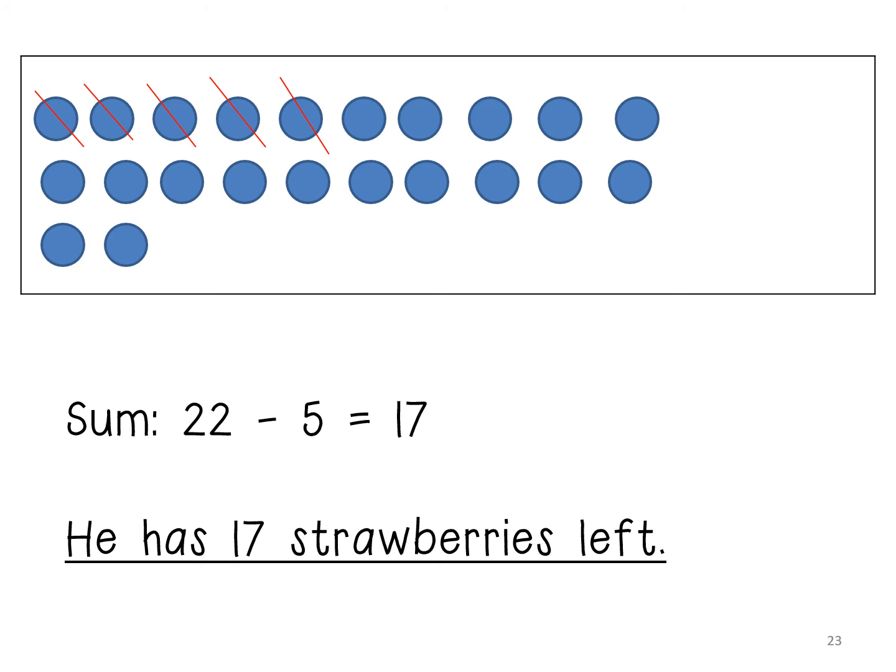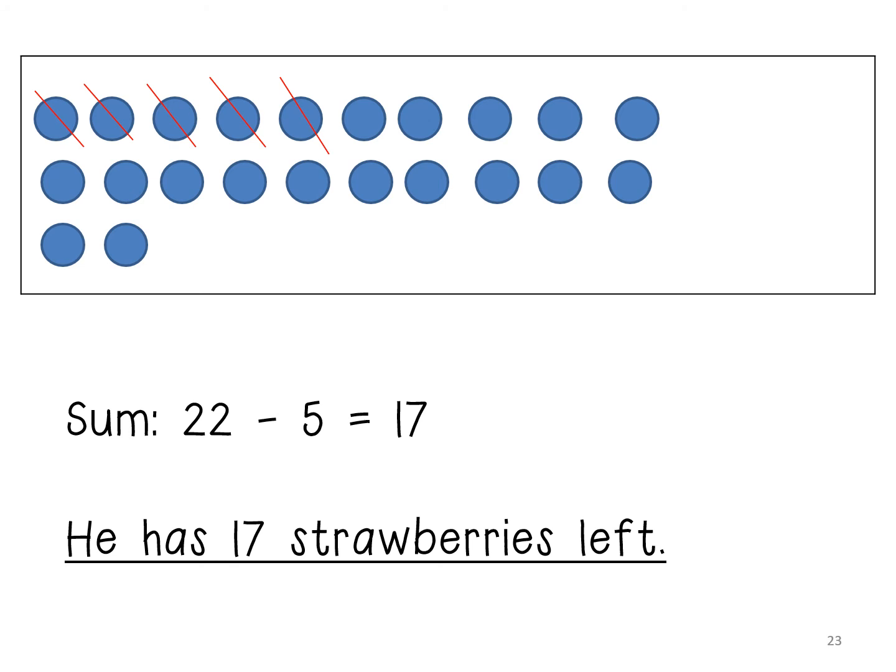1, 2, 3, 4, 5, 6, 7, 8, 9, 10, 11, 12, 13, 14, 15, 16, 17, 18, 19, 20, 21, 22. And now if we take away 5, 1, 2, 3, 4, 5.